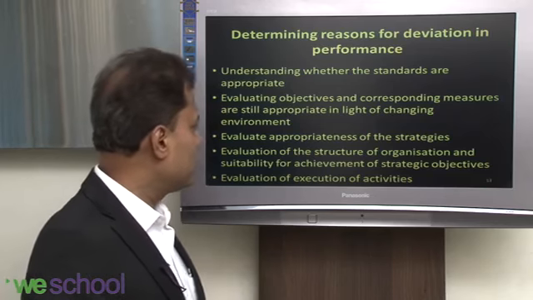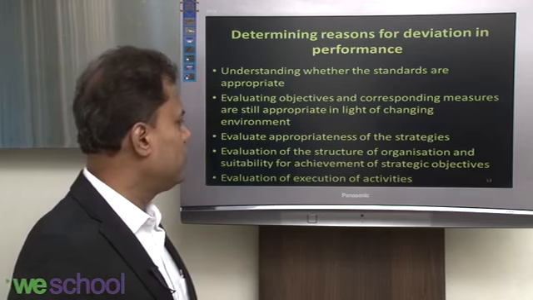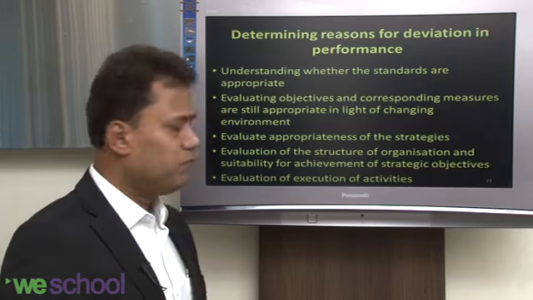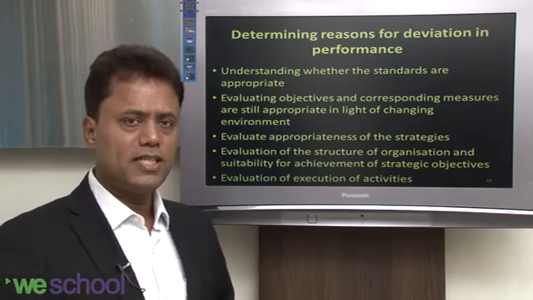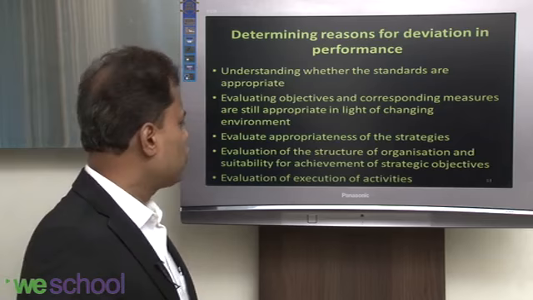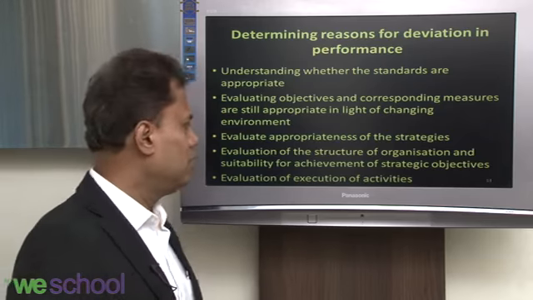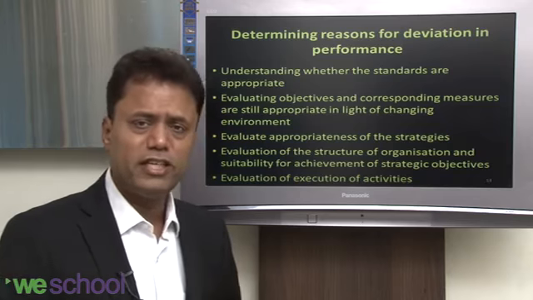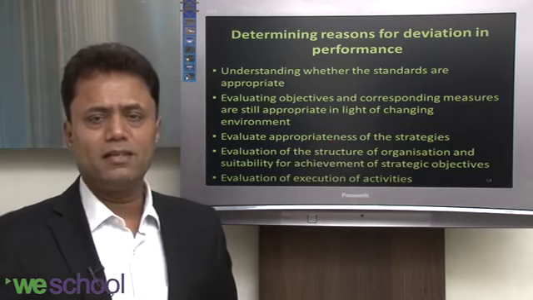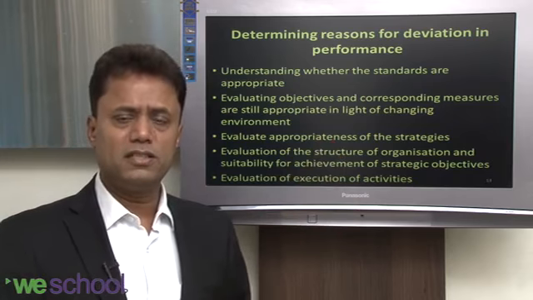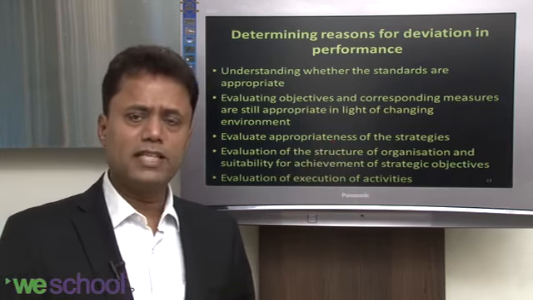Evaluation of the structure of organization and the suitability of achievement of strategic objectives. So it is again, whether you have the right design of the organization structure and whether it is suitable to achieve your strategic objectives effectively. Don't put a hierarchical structure where you're taking up a complex transformational project strategy to achieve the next level of growth.